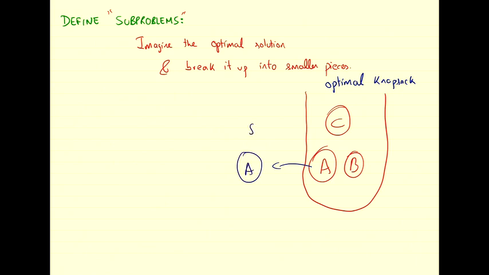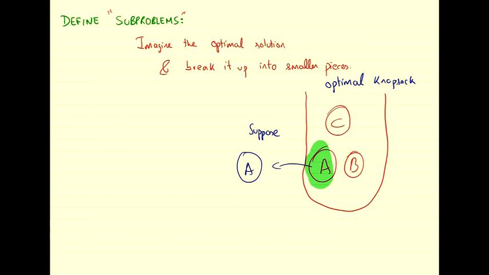I'm assuming that A is part of the solution, and I take it out. Usually when you break up an optimal solution to a problem, you end up with optimal solutions to smaller things.